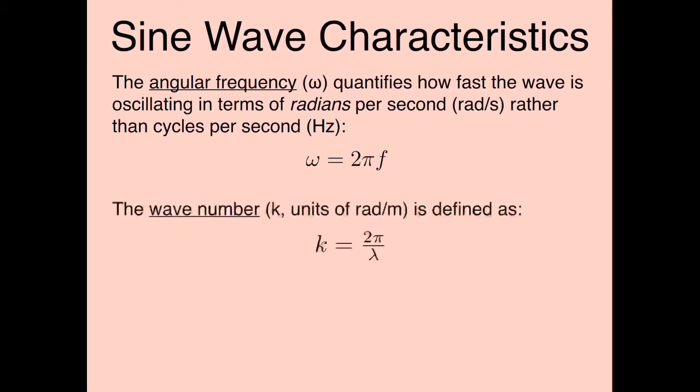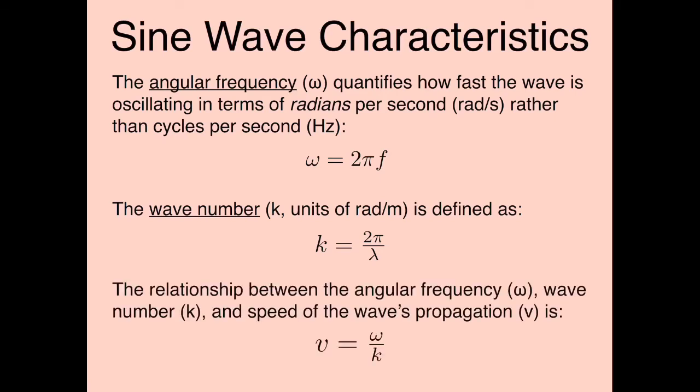The next thing that we're going to get into is the wave number. So the wave number is given by a lowercase k, and the units are radians per meter. Now, we're not even going to derive this. This is just something that we're going to define. k is equal to 2 pi divided by lambda. That's just the definition of this new quantity that we call the wave number. There's nothing really more to it than that.